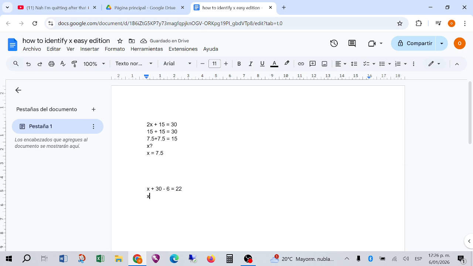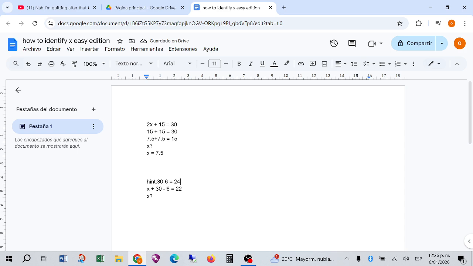It's a pretty easy problem from everything, but I'm gonna give you guys a hint. Let me just put it in. Hint. We all know that 30 minus 6 equals 24.